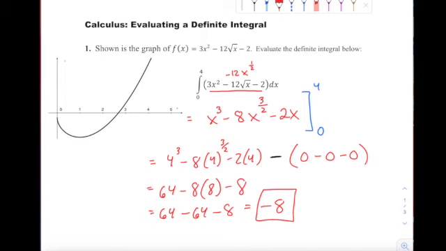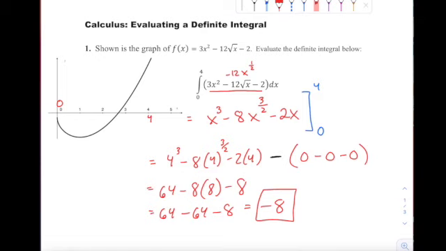Now what does it represent? The definite integral gives you the value, the signed area, the cumulative area between the curve and the x-axis over the interval 0 to 4. And it's negative because between 0 and 4, on this graph here we can see, here's 0, here's 4.